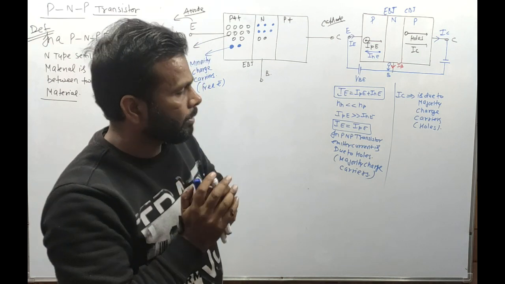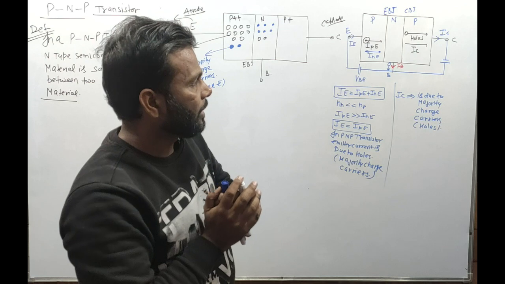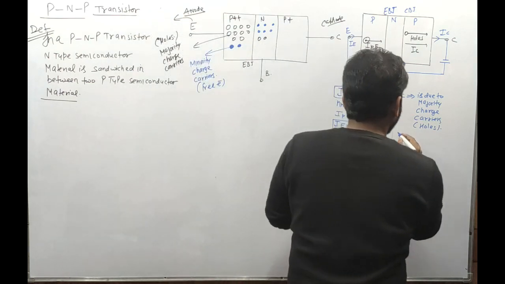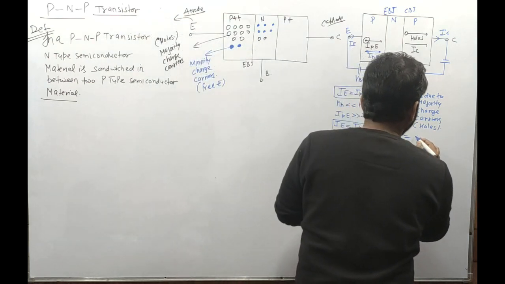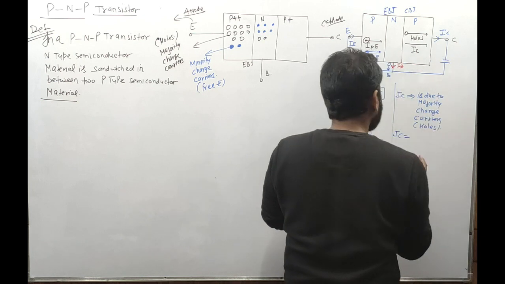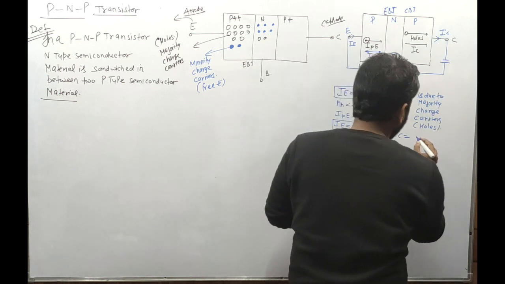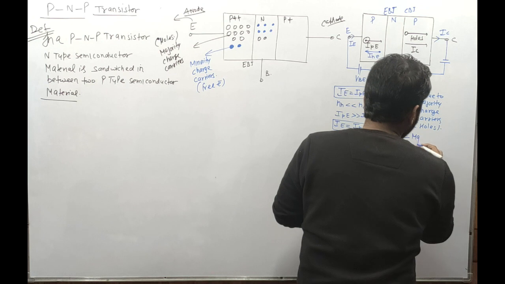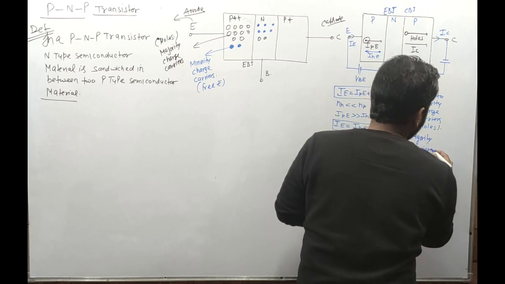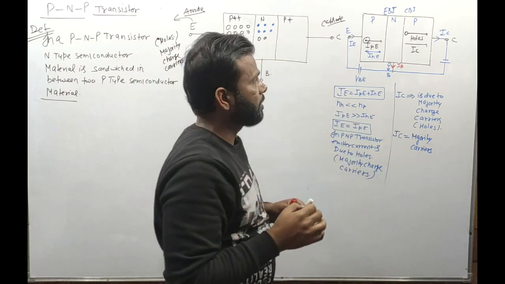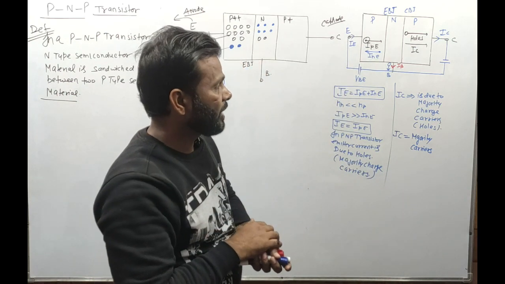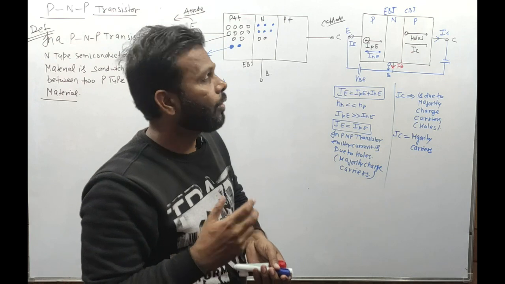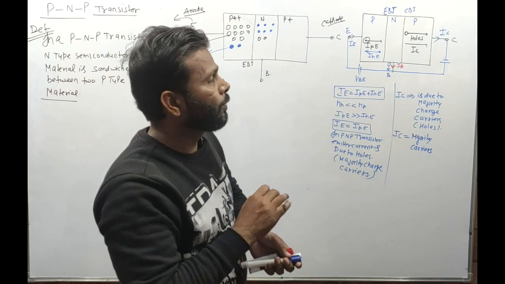Clear? So simply, the collector current is the sum of the current due to the holes, that is, majority carriers. But since the collector base junction is reverse biased, there will be a reverse saturation current or leakage current flowing from N to P.